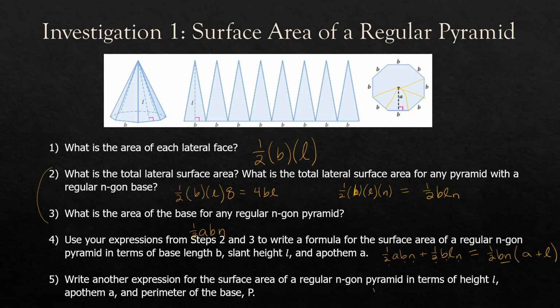To replace that, we would say 1/2 P, the perimeter, times A plus L. So that would be a simplified expression for the surface area of a regular pyramid, N being the number of sides of the base.